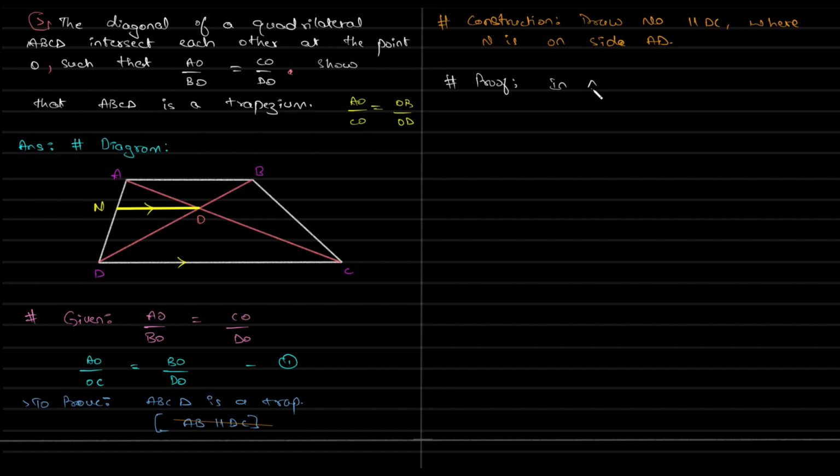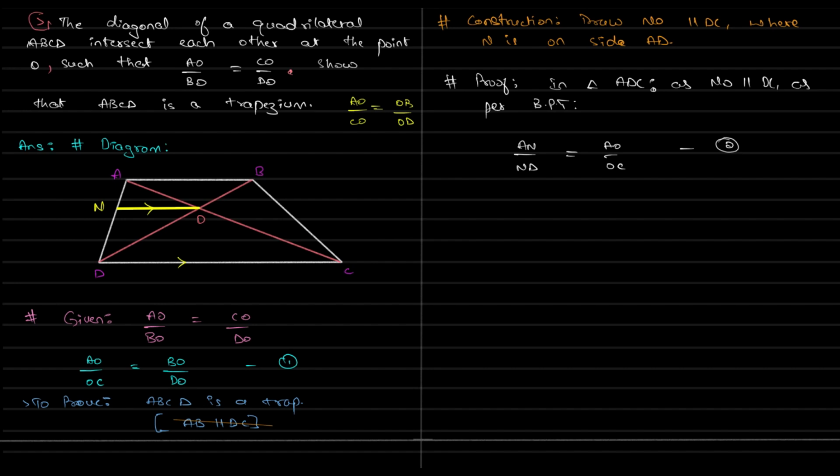So in triangle ADC, because we have this to be parallel to this, let's use our BPT as NO is parallel to DC. As per BPT, we have AN by ND is equal to AO by OC. Okay, so we will call this equation 2.